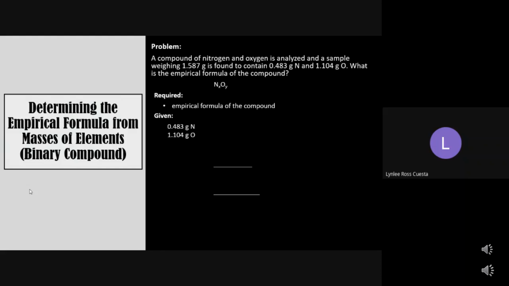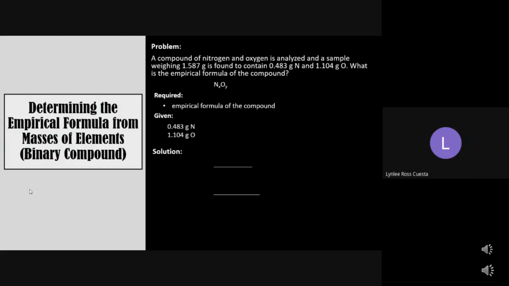We have 0.483 grams of nitrogen and 1.104 grams of oxygen. Now, since we are given what is required and what is given, we can now solve for the mole of nitrogen and oxygen.